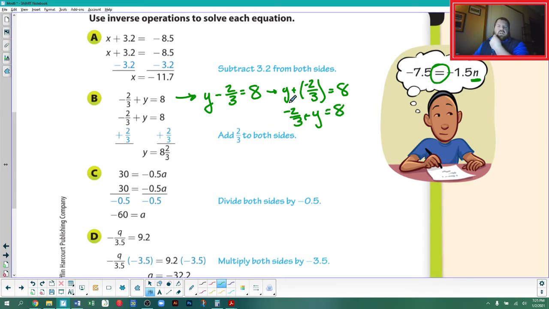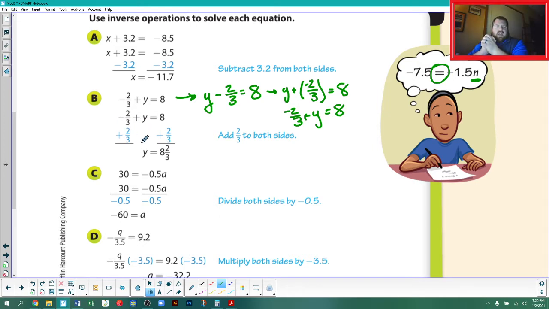With that 2/3 being negative, or if you want to think of it this way, this is probably a little more straightforward. But I like this one too. It's a good example. With that 2/3 being negative, and even though y is adding, it's adding a negative, we want to add to both sides because we want to undo just that negative 2/3.